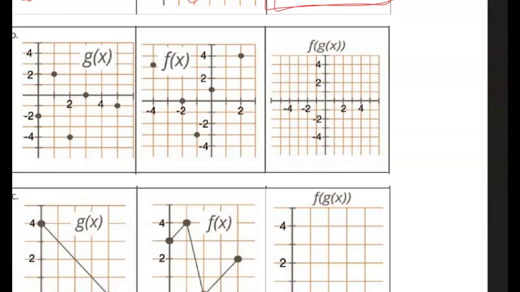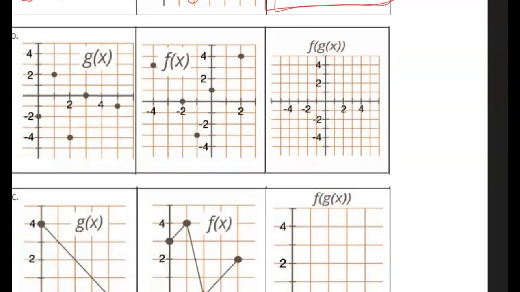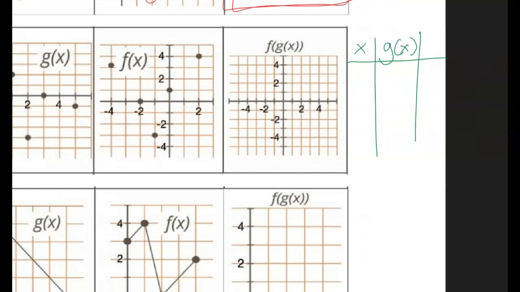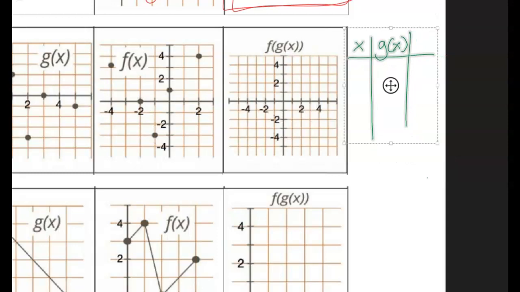So we are going to have a table with three columns: one for the initial input, x, one column for whatever you get from that input in g of x, and then your last column for f of g of x.